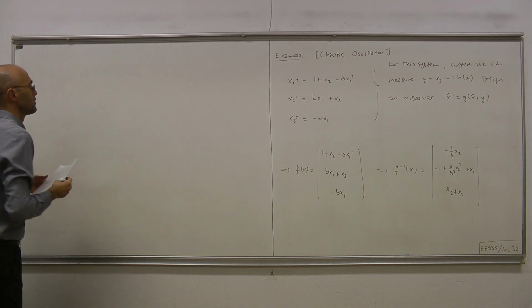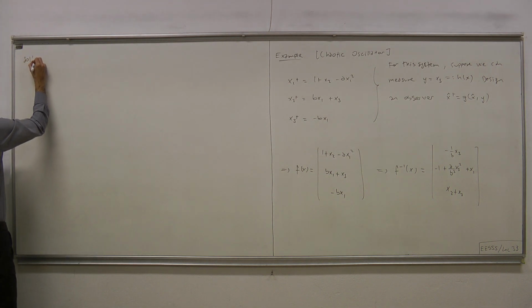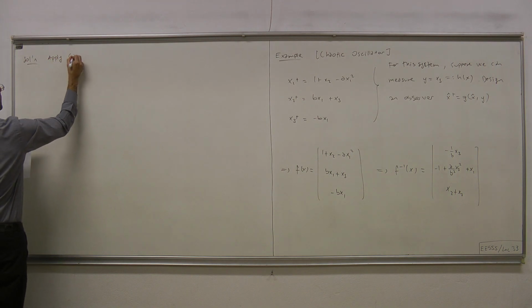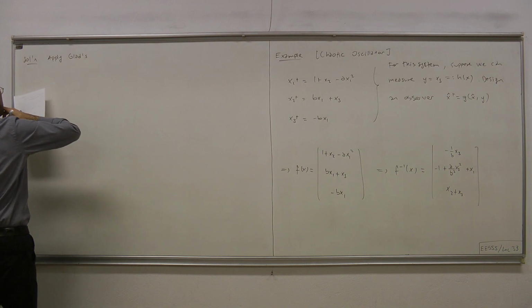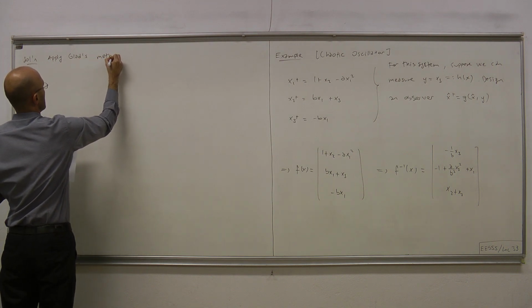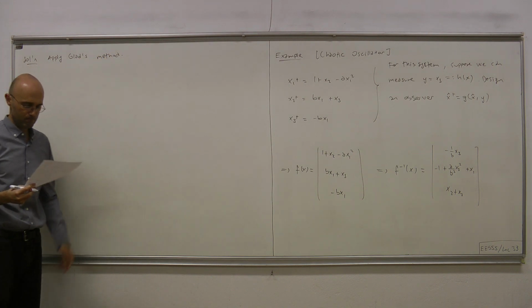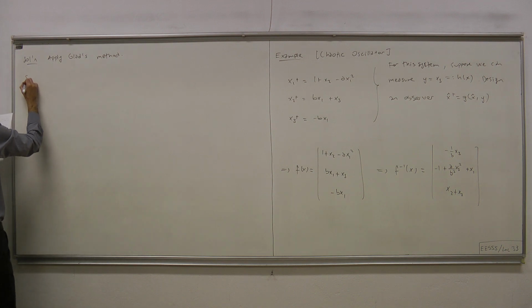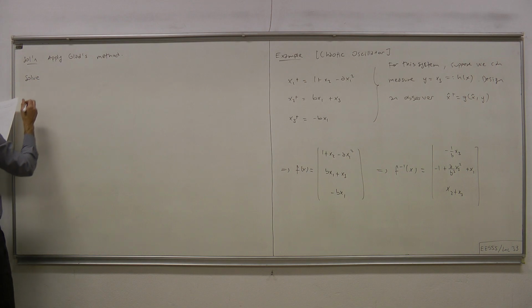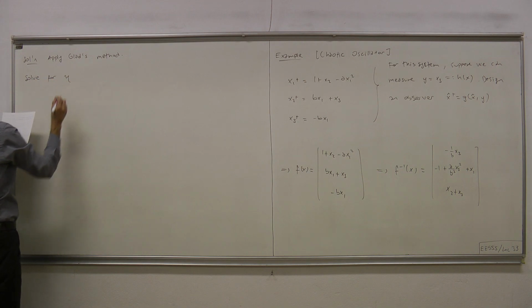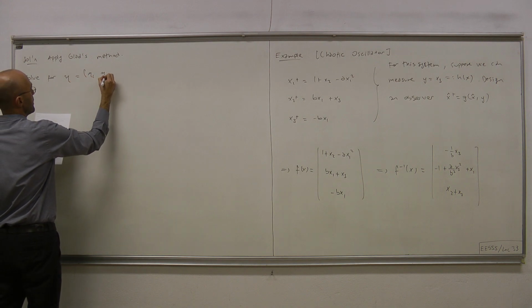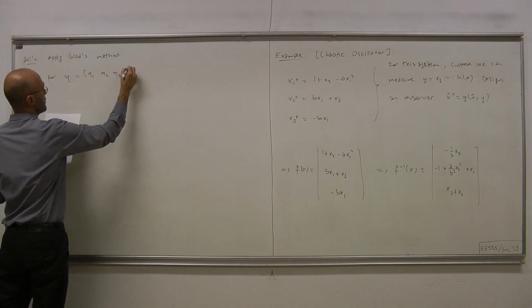Okay, so let's do that by Glad's construction. Apply Glad's method. By which we mean we have to solve at each step for eta, eta 1, eta 2, eta 3 transpose.